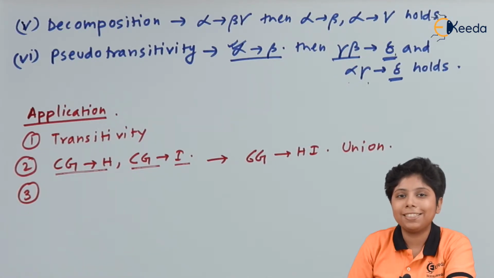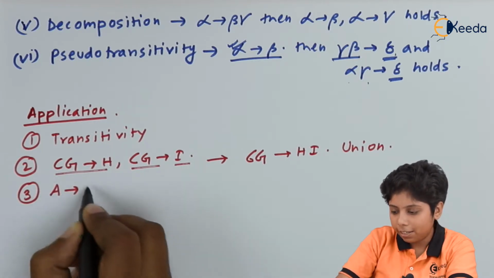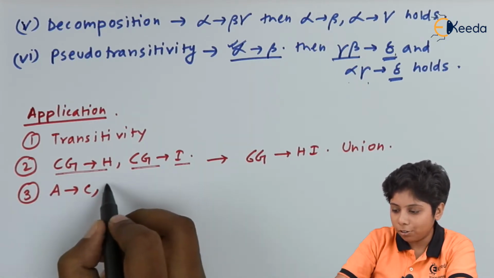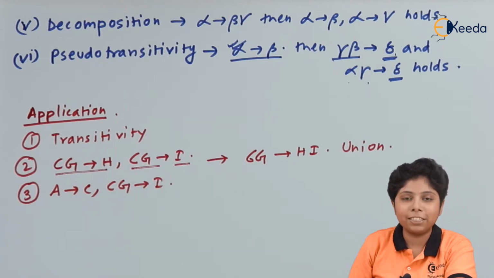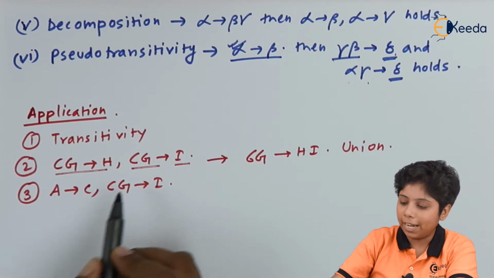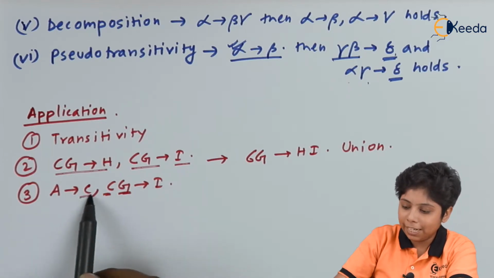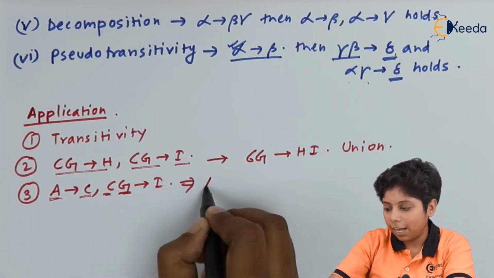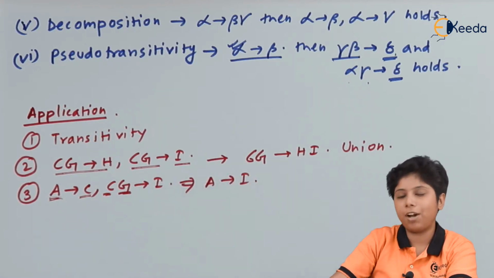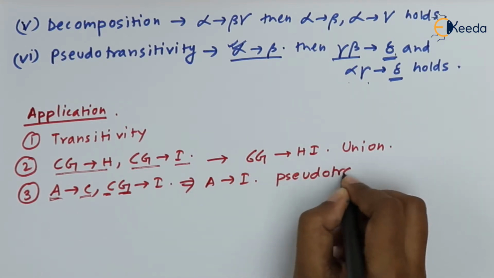Now let us apply the pseudo transitivity rule. As we have A implies C and also CG implies I, applying the pseudo transitivity rule, G is a part of a combination on C, but C is actually defined by A. So we can say that A defines I as a pseudo transitivity.